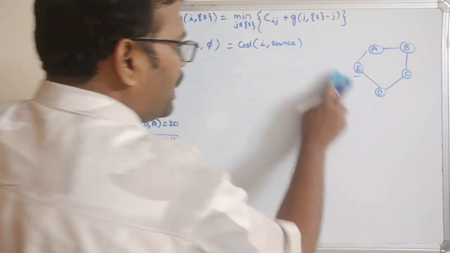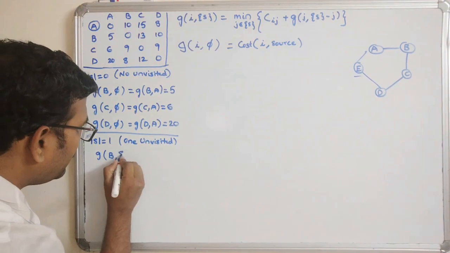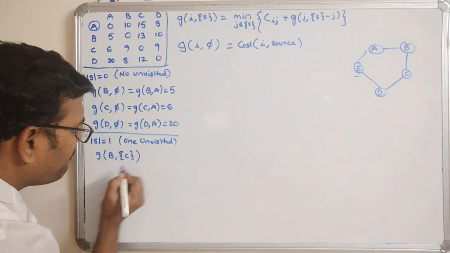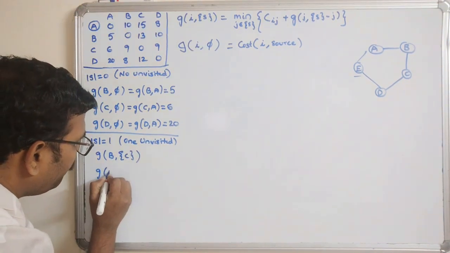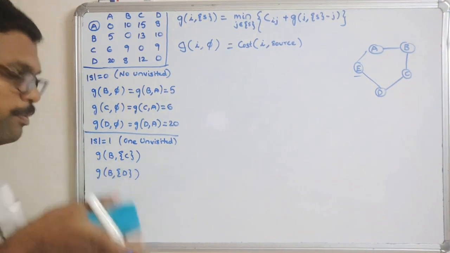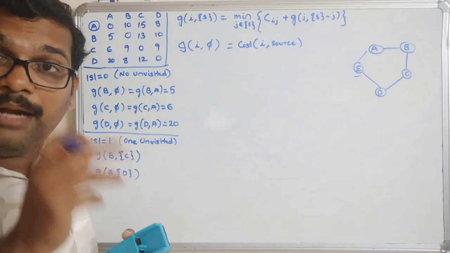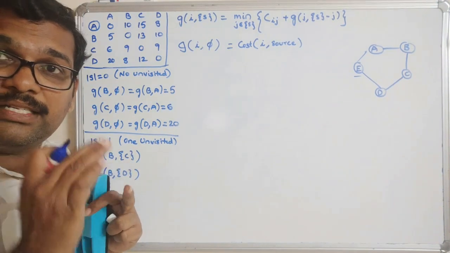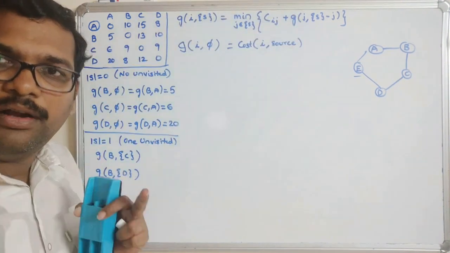So if we are at B, the unvisited can be C, and similarly, the unvisited can be D. So two possibilities.